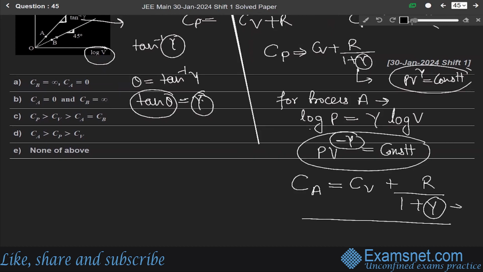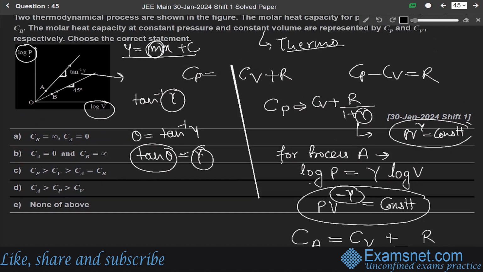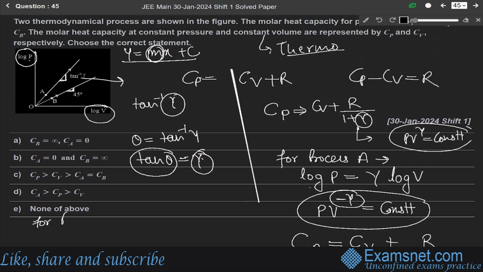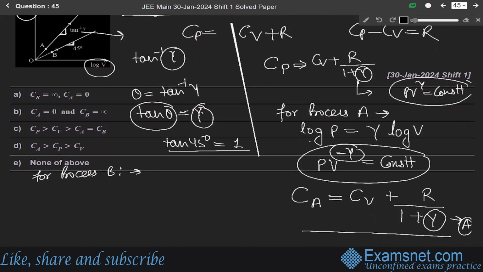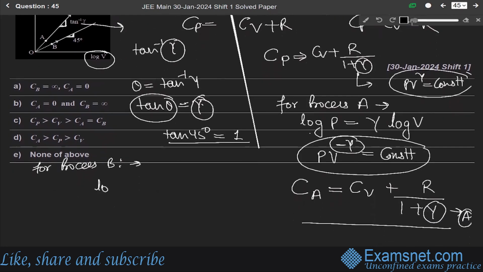This is for process A. Now for process B, here the slope is 45 degree. 45 degree means tan 45 is 1, so in place of gamma, now we will write only 1. So for process B, we can write log of P equals 1 into log of V. So for process B, we can write PV to the power minus 1 equals constant.